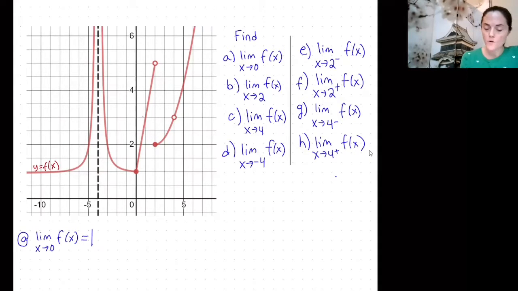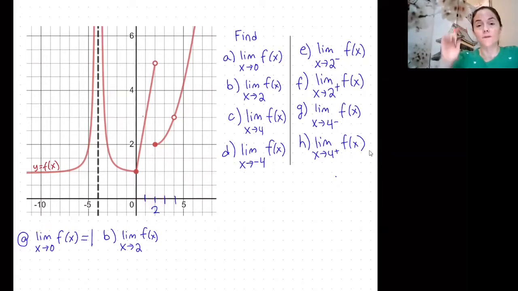And now we move on to b here. What happens as we approach 2? Well, let me figure out. This is 1, 2, 3, 4, 5. This would be 2. Okay, and now you want x to get closer and closer to 2, and then you look up in the function and see what y value you are approaching. Well, this is problematic, right?